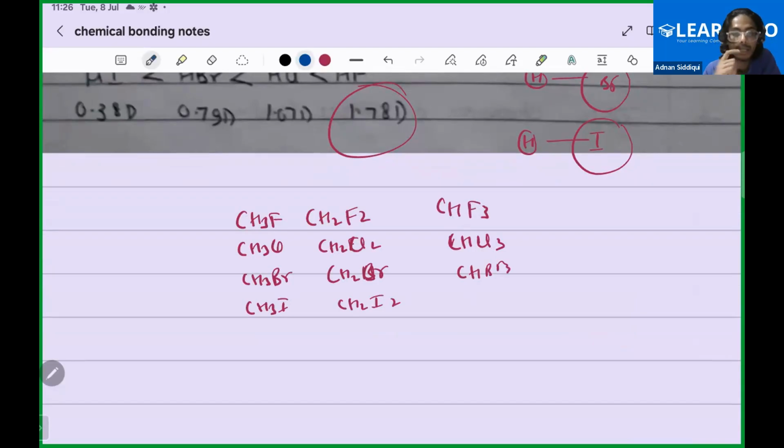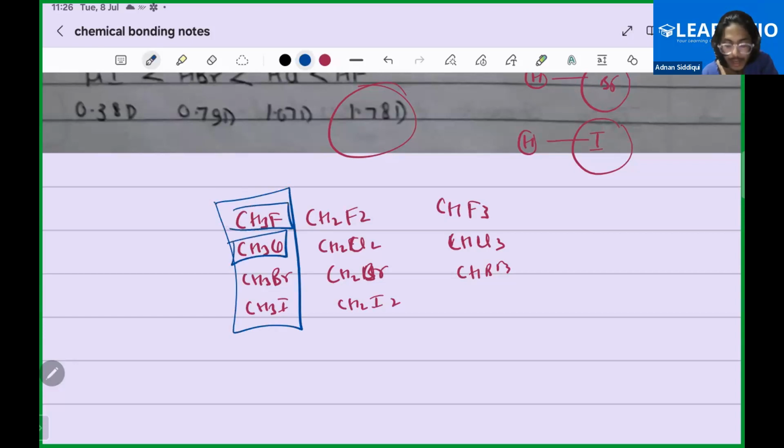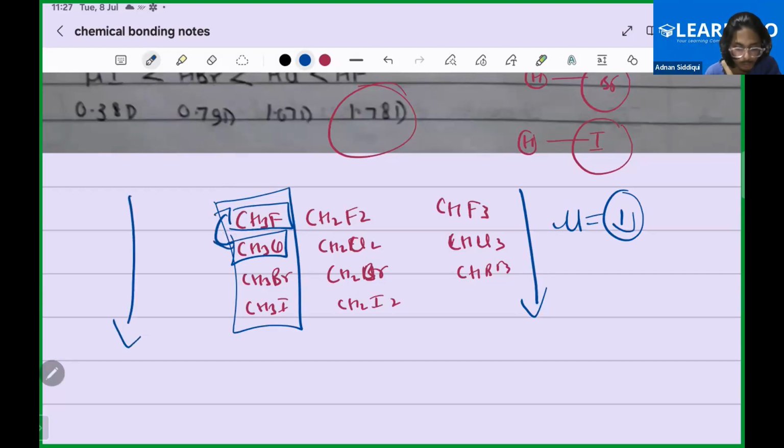In your organic chemistry's first chapter in your 12th class, you will see we have an exception. The general order is that as we are moving down the group, the dipole moment is decreasing. But in this case, we are observing an exception. As we are moving down the group, fluorine is having a higher value.